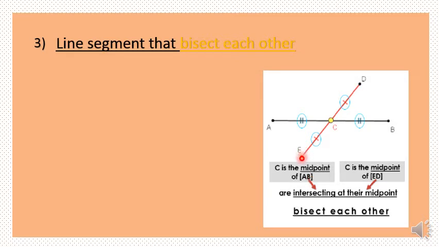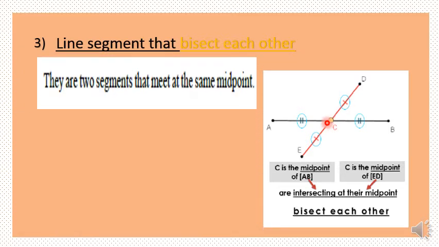Look at the red segment, which is DE. Up, CD is equal to down, CE. They have the same codes. So C is the midpoint of DE. So the two segments meet each other at the same midpoint.